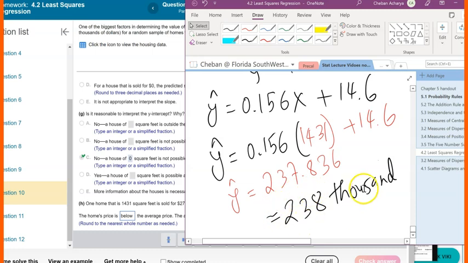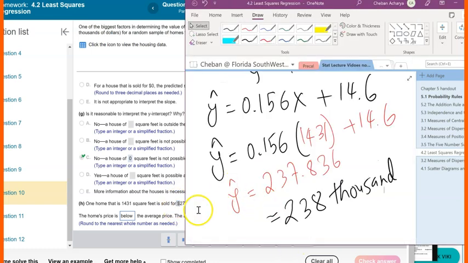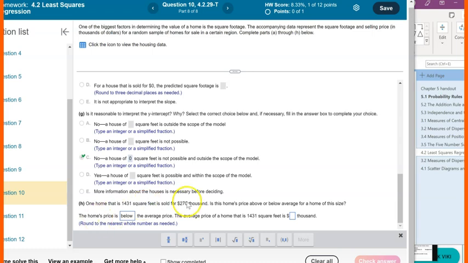of the house of this much square footage, okay. But this house is sold for 270,000, while the average home price is 238,000 for this size. Therefore, this home price is above the average price, because the average price is 238,000, right?